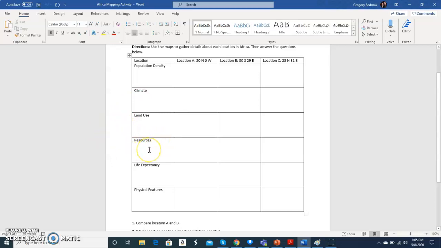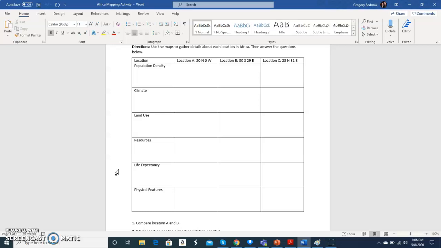What resources can be found in that location? What's the life expectancy? And by looking at life expectancy, you can draw some conclusions. If people in the region live long lives, then you can begin to understand that there's probably a high standard of living and good access to medicine and medical care.